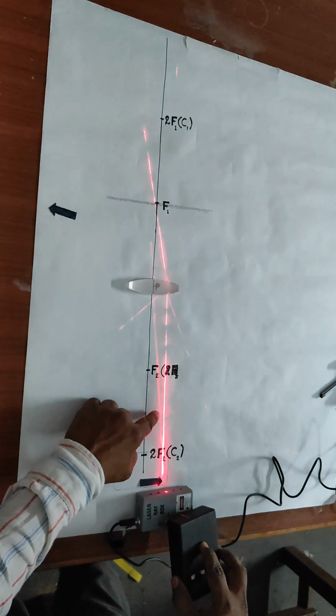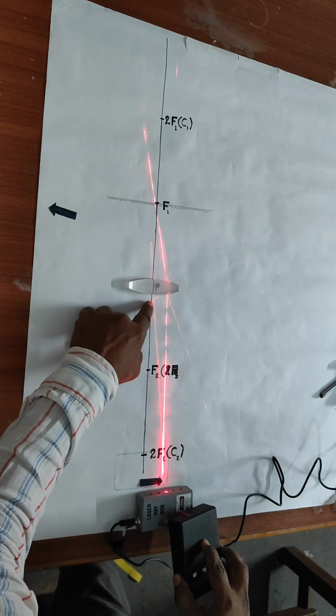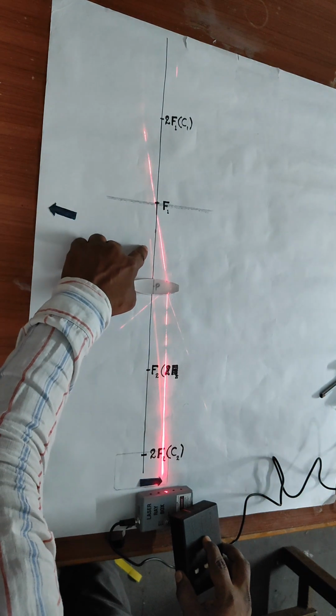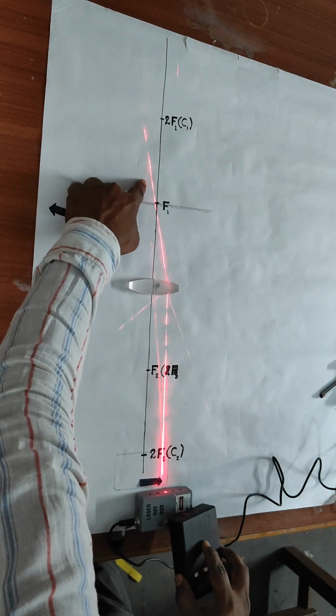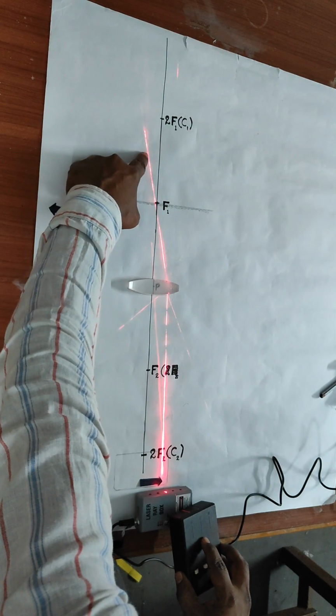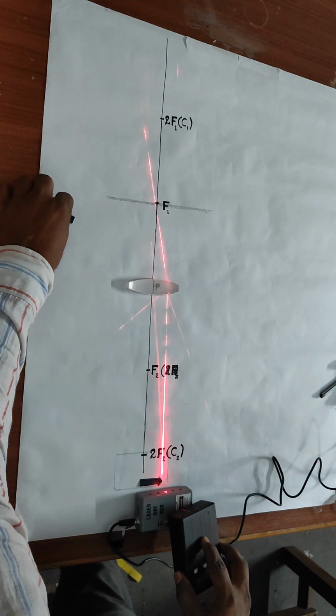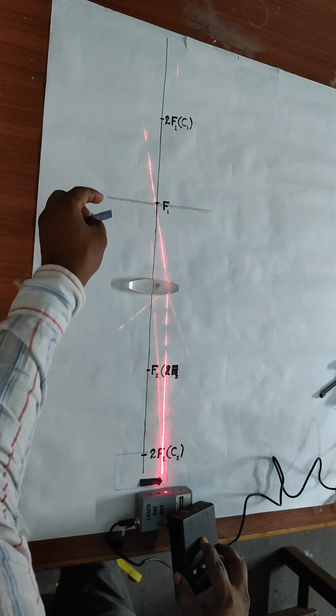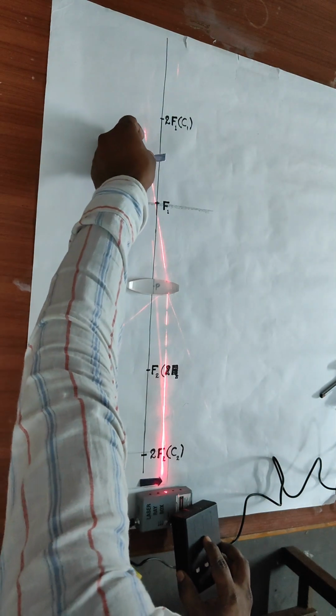The second ray, see here, passing through the optic center, we know that it is undeviated. So carefully observe, these two refracted rays meet at this point. We get the image of this object at this point.